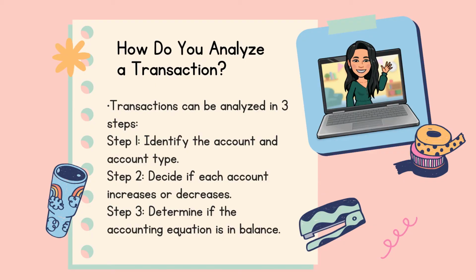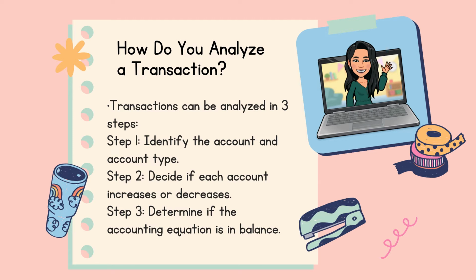How do you analyze a transaction? Transactions can be analyzed in 3 steps. Step 1, identify the account and account type. So for each transaction, you need to know what are the accounts affected by this transaction. The account type, is it an asset, a liability, or an equity account?